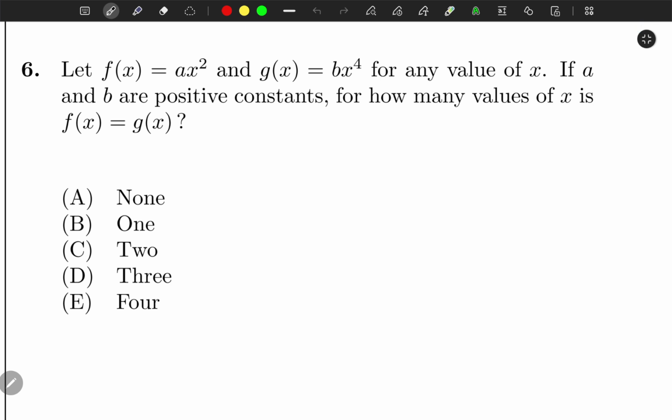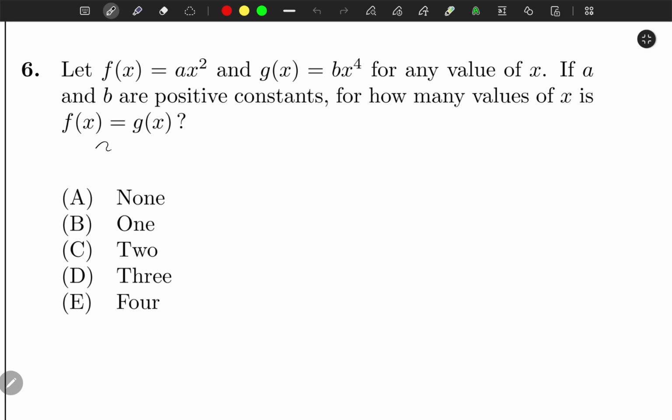Yeah, I'll start solving this myself. So basically the question says let f of x be ax squared and g of x be bx raised to 4 for any value of x. If a and b are positive constants, for how many values of x is f of x equal to g of x?